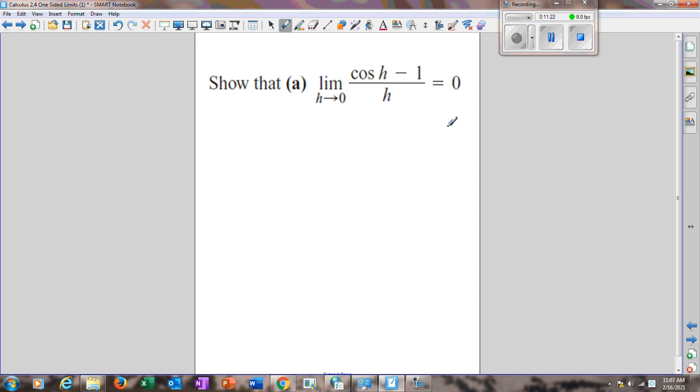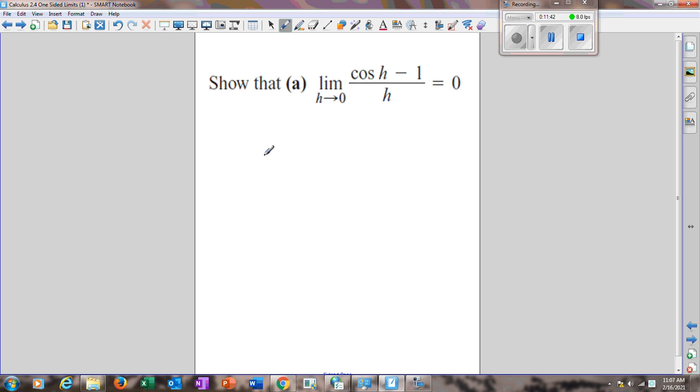So the first one is show that the limit as h approaches 0 of cosine of h minus 1 over h equals 0. So in order to do this, first I would have to use what's called the half angle identity.